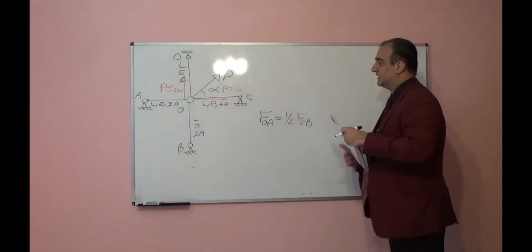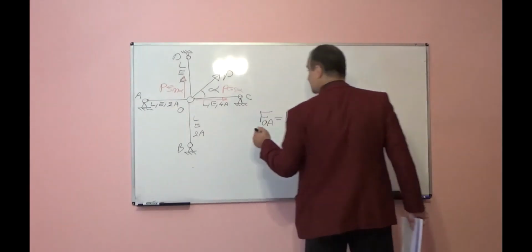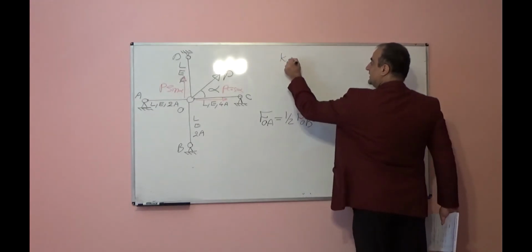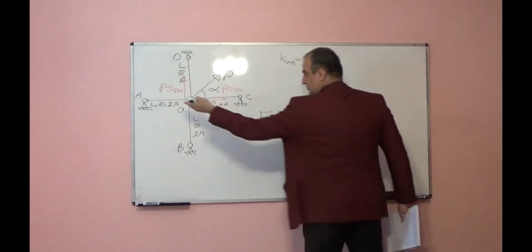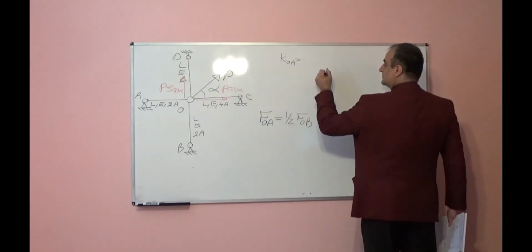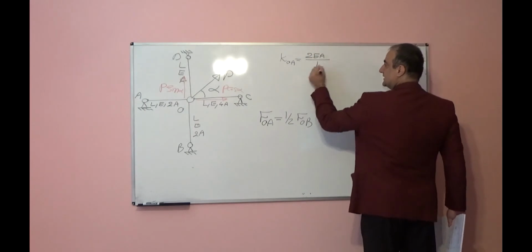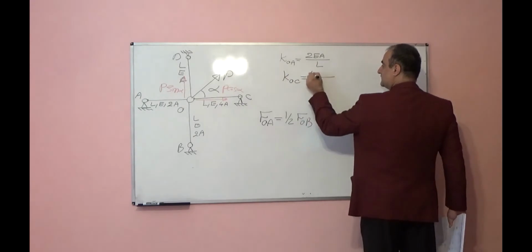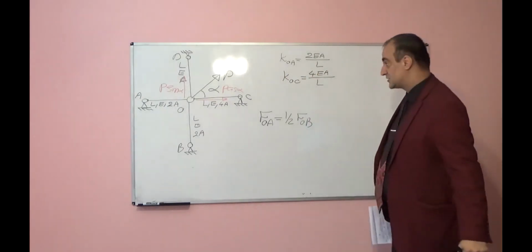Here KOA, in the rod direction, in the horizontal direction, is equal to 2EA over L. KOC is equal to 4EA over L in the rod direction.